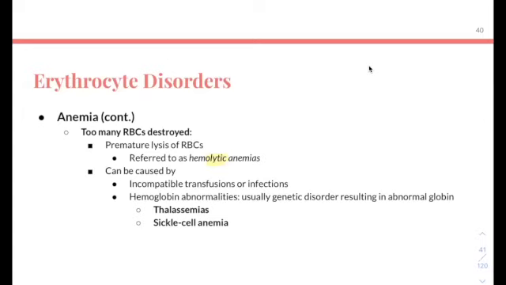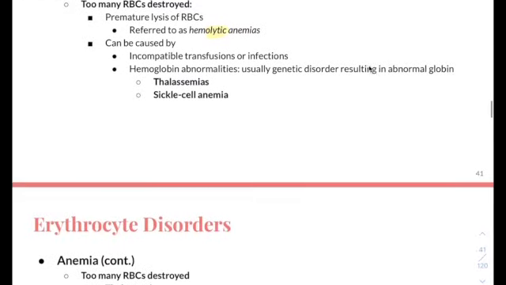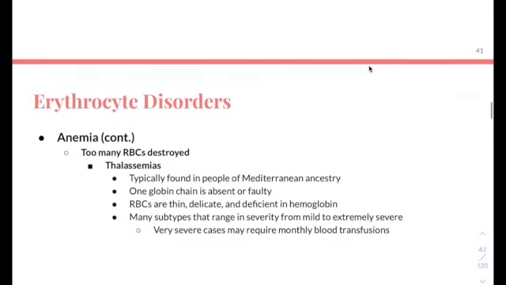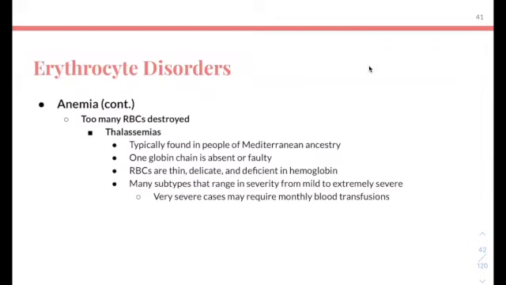It can happen because of hemoglobin abnormalities. It's usually some kind of genetic disorder. And those are either called thalassemias or sickle cell anemia. I'm sure most of you have heard of at least sickle cell anemia. Let's look at thalassemias first.